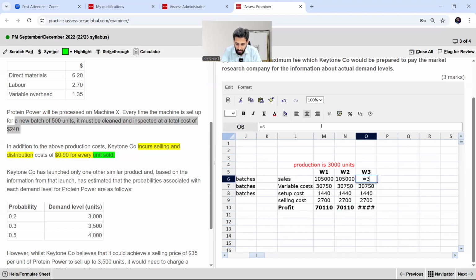Here 3000 multiplied by 35, so you got 701100. All these three have got a similar profit figure. No need to worry about it. Why? Because you have produced 3000 units and the demand level is exceeded, so definitely you can sell a maximum of 3000 units, not more than that, because you haven't produced more than 3000 units. That's a very simple point. The calculations are in front of you. You people can copy this.